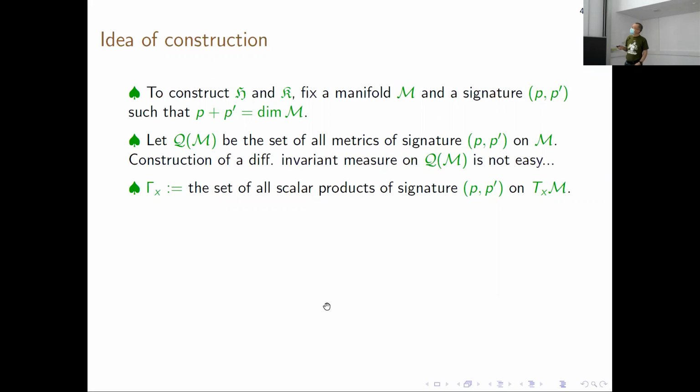But still, this construction can be done even if the set is empty. So in fact, it is not so important whether this set contains singular metrics or not. So it can be something like a very narrow throat, for example. Yeah. And the manifold is included. Okay. So you can include it.